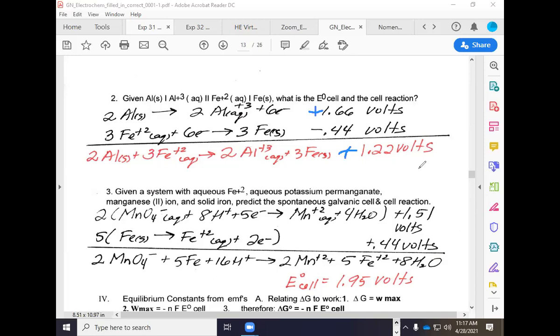This is how I do it. If you want to do it the way in the book, I don't care, but I'm just going to show you this way. This way makes the most sense to me because I know I've got to flip one of them and I'm aiming for positive.